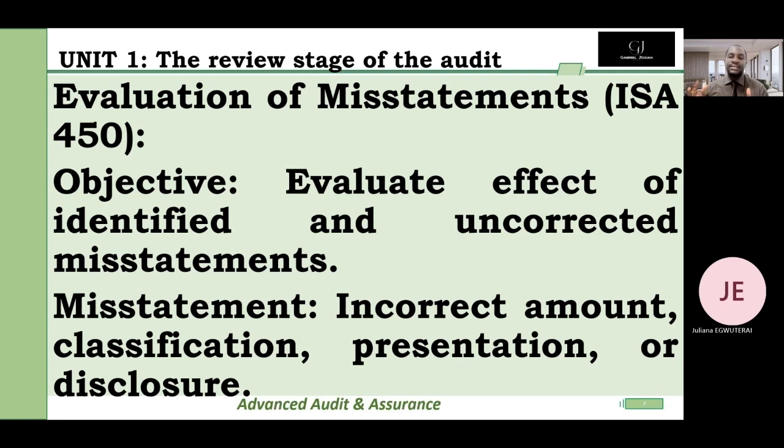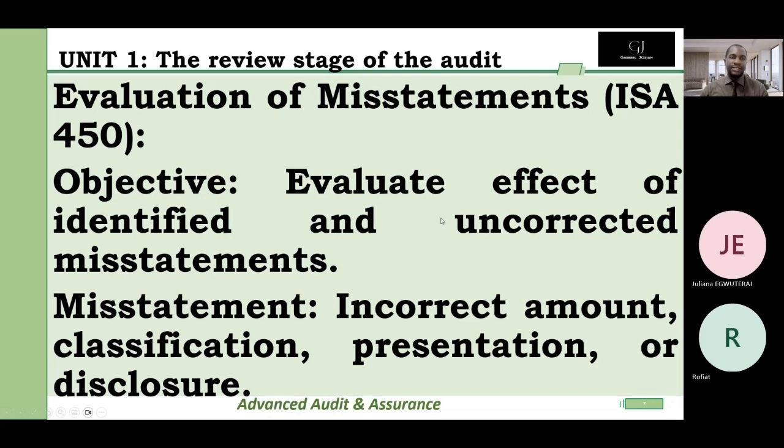So we look at the size, the incorrect amount, and a misclassification, misrepresentation, or a disclosure that was in the wrong place based on the postings of the process owners. So a misstatement is very important, and that is why the review stage of the audit is carried out, to ensure that these misstatements are not out of our sight as auditors.